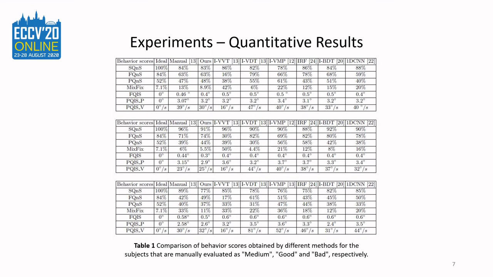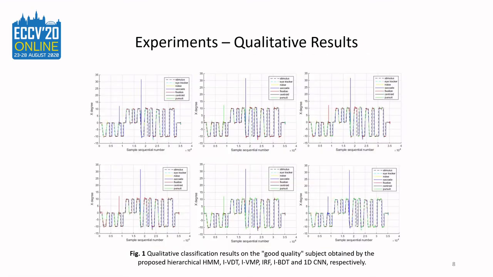Since the original model was trained on a different dataset and fine-tuned in our experiments, the transfer learning process may be less effective compared to retraining the entire network model, which also reveals one of the limitations of those data-driven methods. We then present the qualitative classification results in this figure.